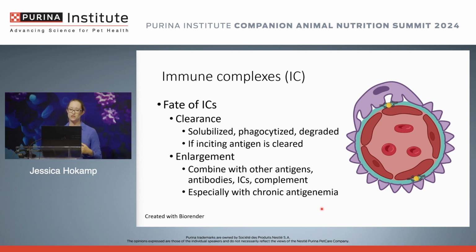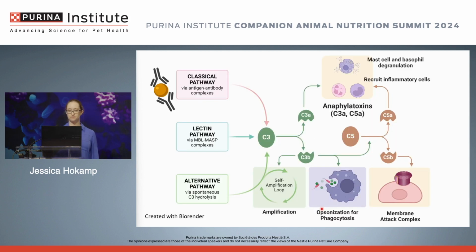This is especially common with chronic antigenemia, in patients we're not clearing quickly, or where we have not recognized an underlying disease. Where I'm from is Texas. Texas has a lot of bugs, and we get a lot of heartworm disease. That's a common chronic infectious agent that can cause chronic antigenemia and result in glomerulonephritis.